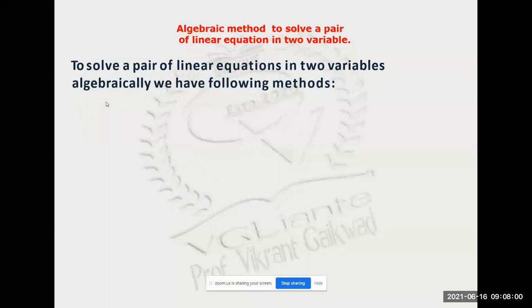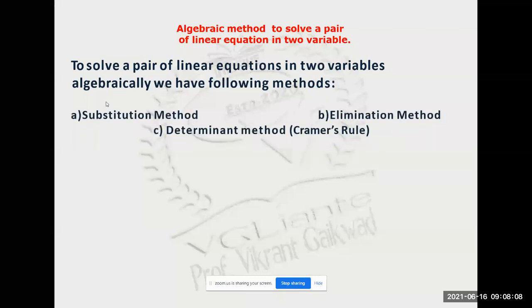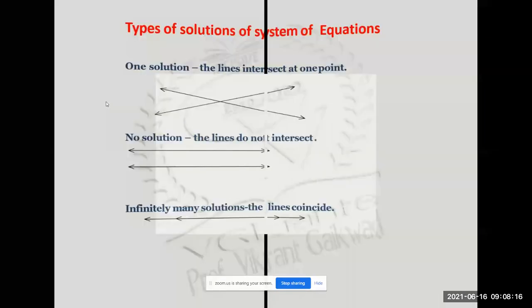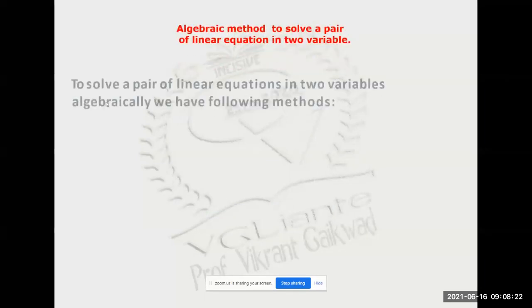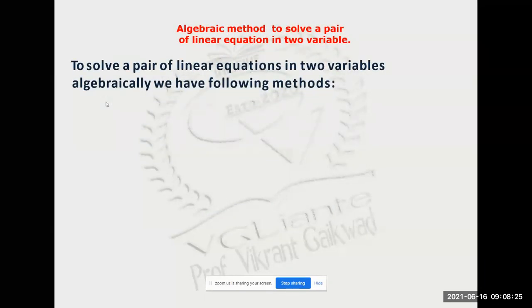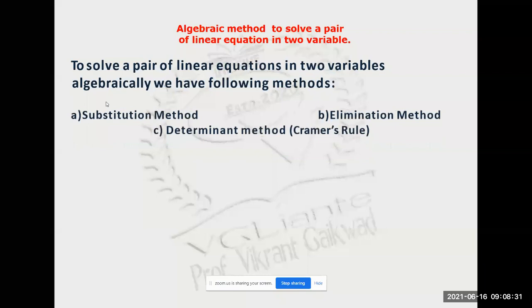To solve a pair of linear equations algebraically, we have the following methods: the substitution method, the elimination method, and the determinant method.